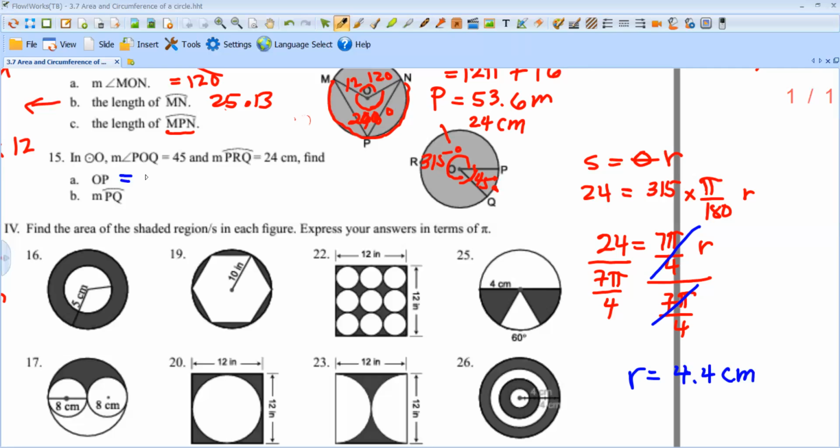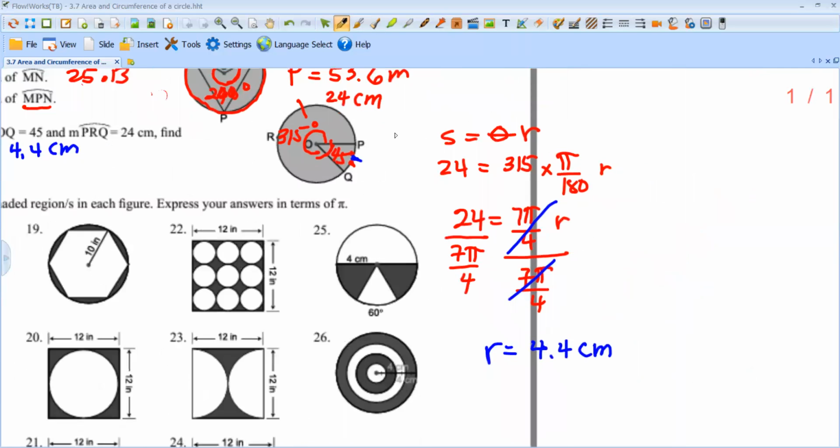That is OP, 4.4 centimeters. Now to get PQ, so PQ is arc length. So to get PQ, we have the angle is 45 over 180 pi times 4.4.